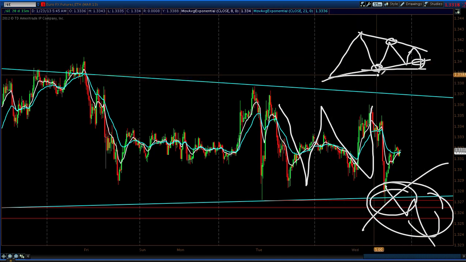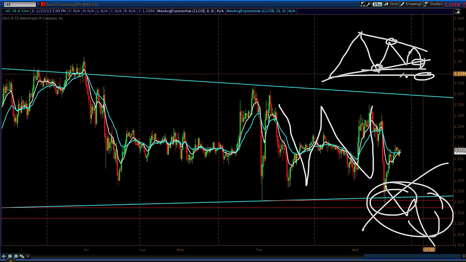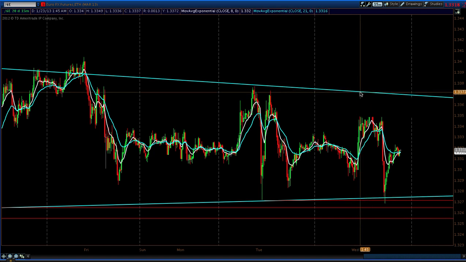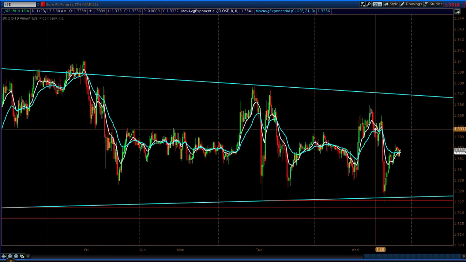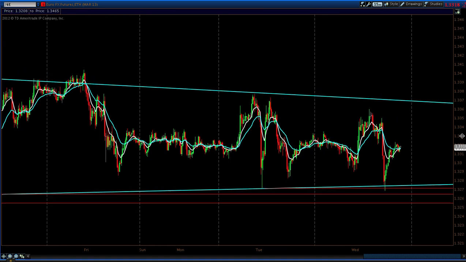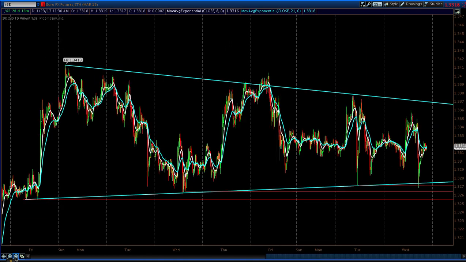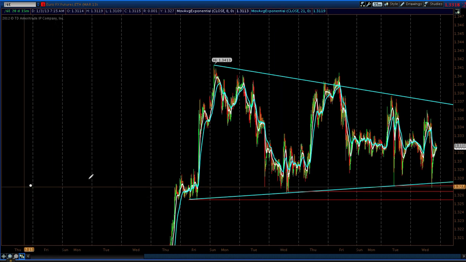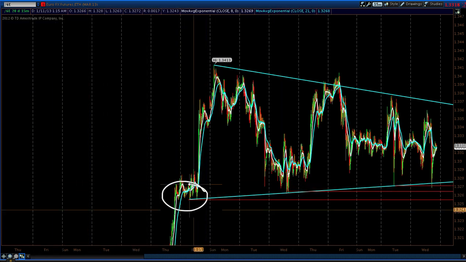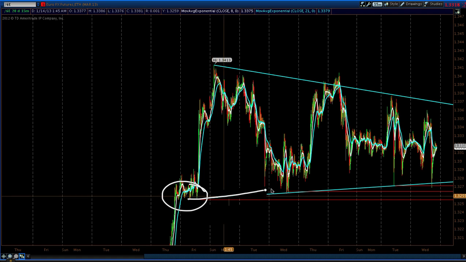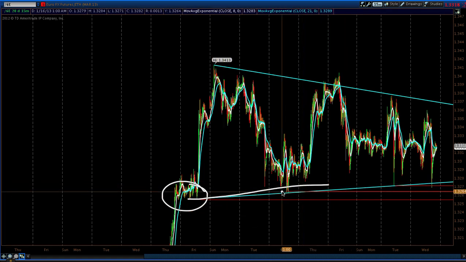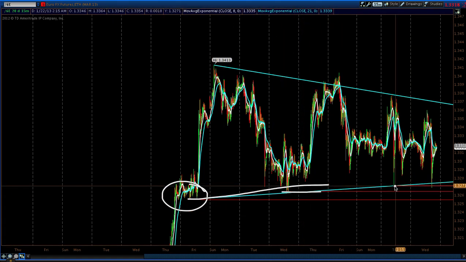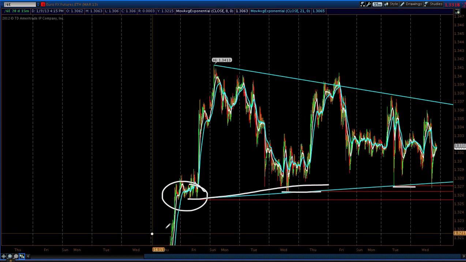And then most importantly, I have the most important support right there. In this particular example, the original support is right here where the channel started to get drawn, and we have minor support here and here. It's as easy as that.